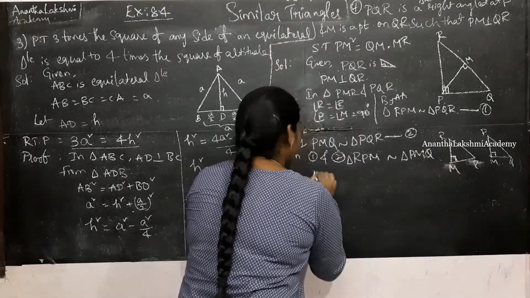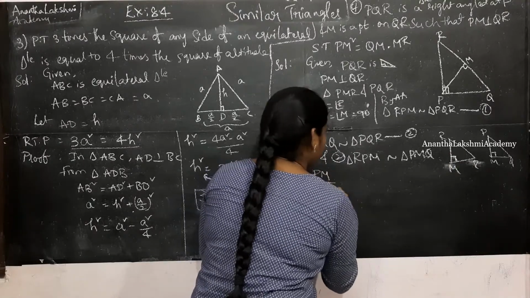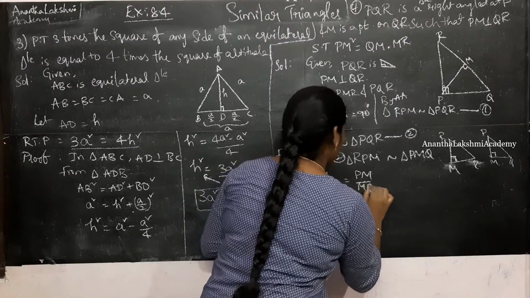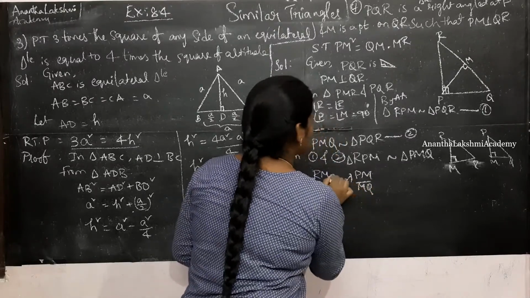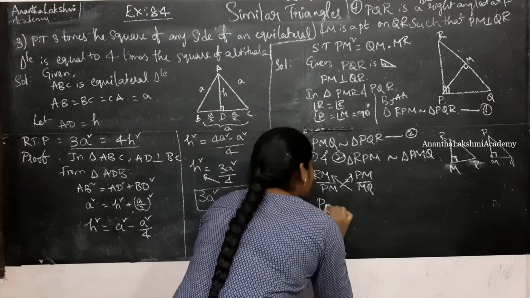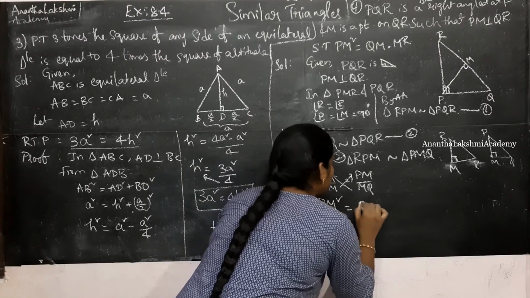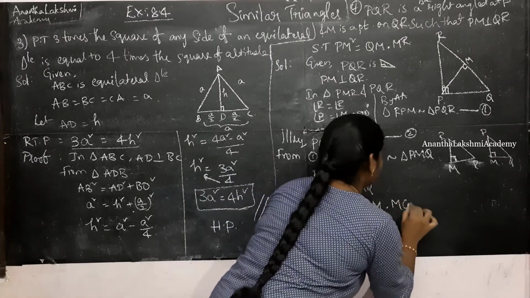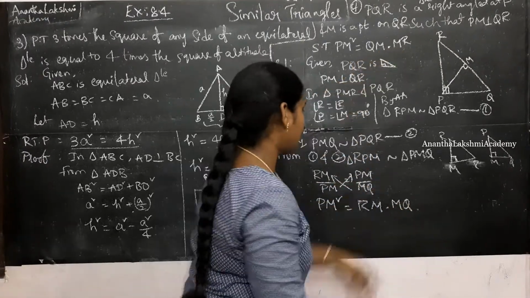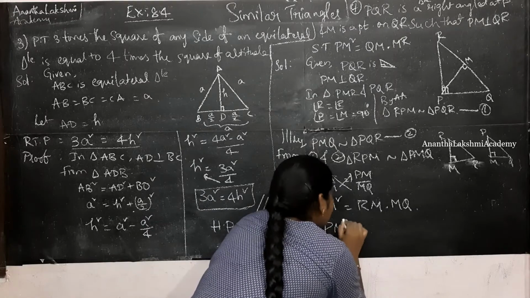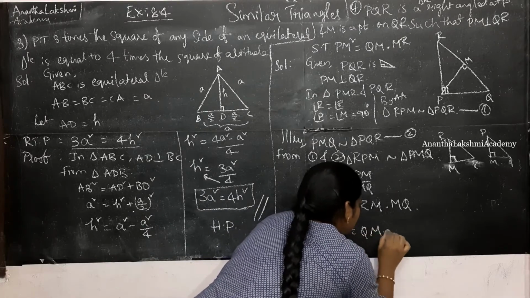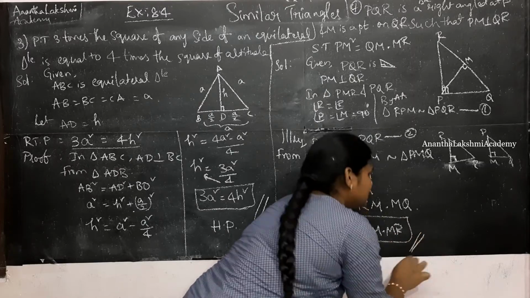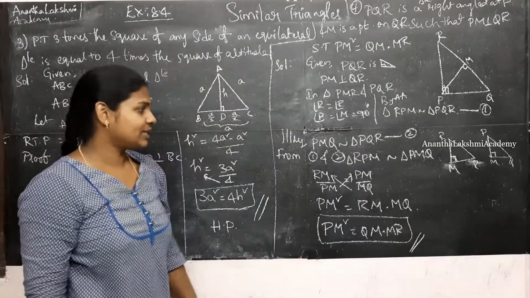opposite side I am considering RM by PM is equal to, next the base, PM by MQ. So if you send this to the other side and this to the other side, this becomes PM square is equal to RM into MQ, which is nothing but QM into MR. So PM square is eventually QM into MR. This is what is supposed to be proved, isn't it?